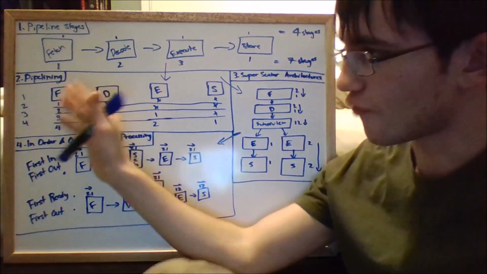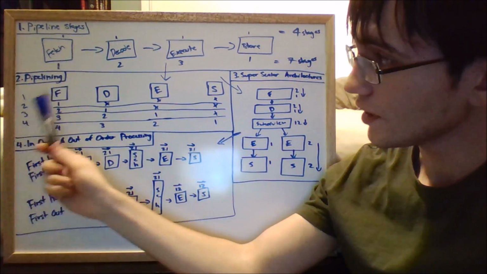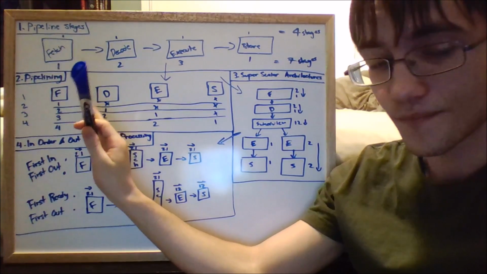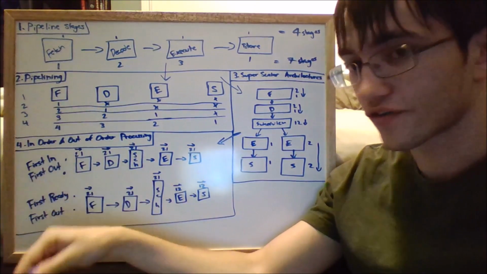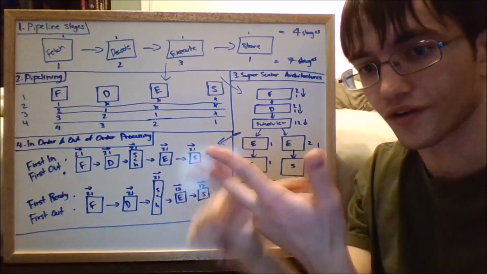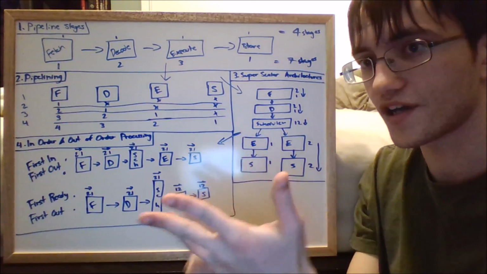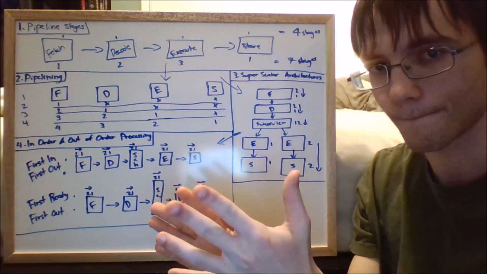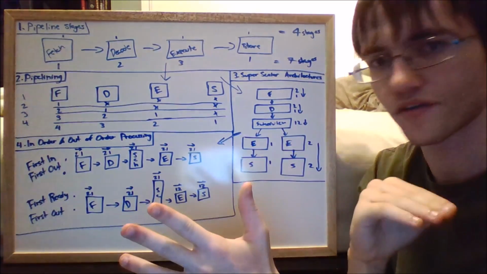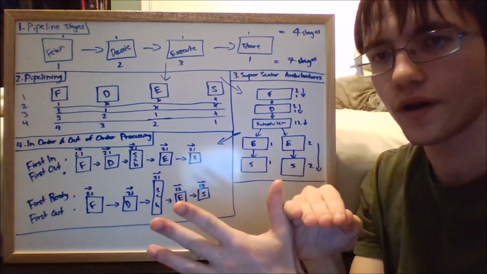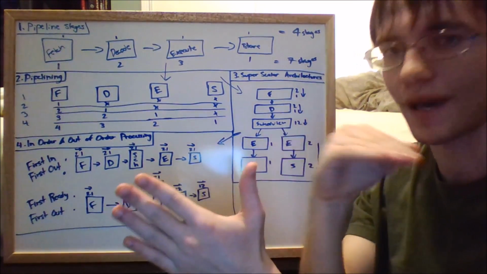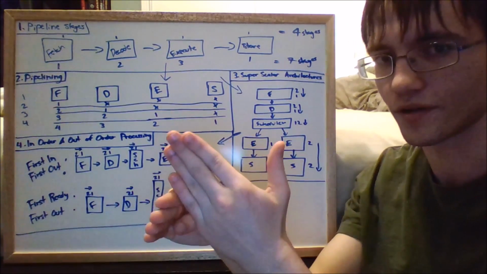Let's say you have 4 instructions. In a non-pipeline CPU, that first instruction would go to the fetch stage, then the decode stage, then the execute stage, and then the store stage, and then be done. The second instruction would not go until that first instruction has passed from beginning to end of the CPU.